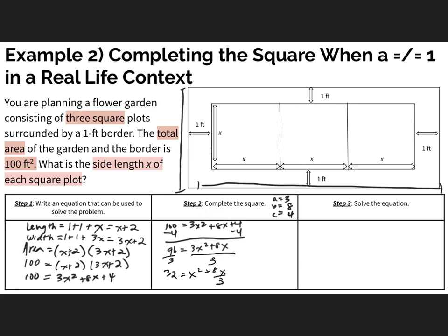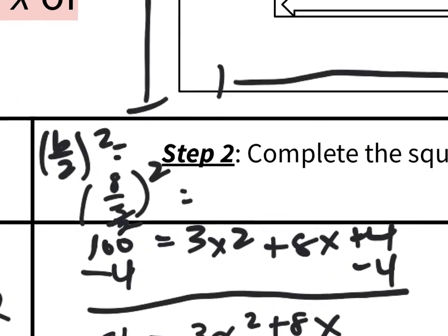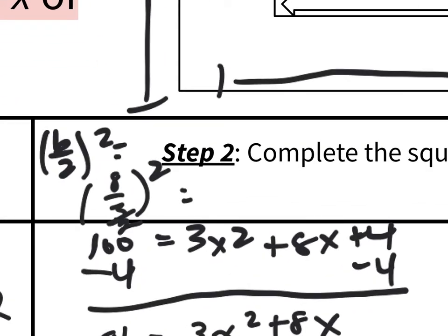I complete the square by doing my b over 2 squared. My b over 2 squared is going to be 8 over 3 over 2 squared, which is 8 over 6 squared, which we can simplify as 64 over 36.